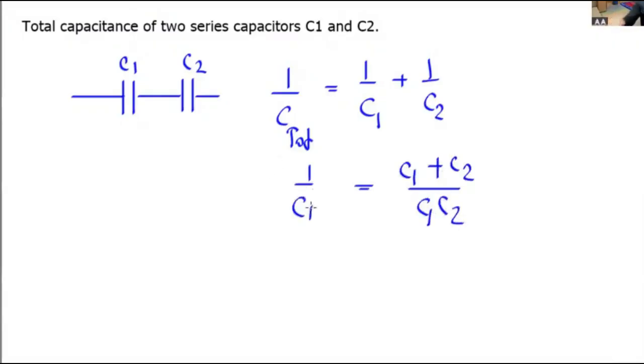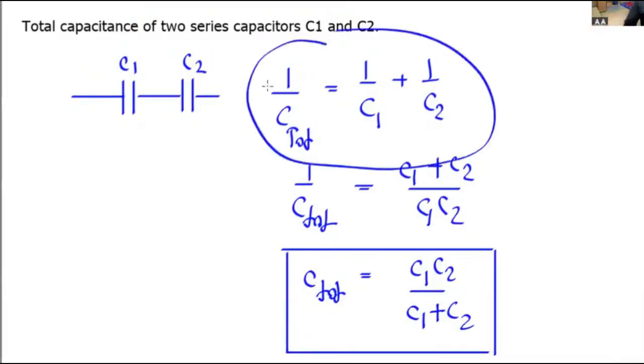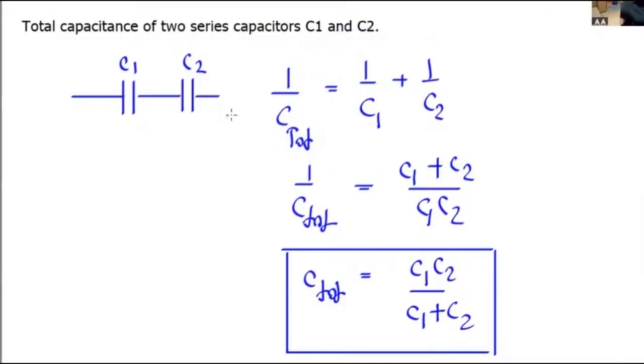Then 1 over C total gives C total equal to C1 into C2 over C1 plus C2. You can keep this equation in mind directly. මේ equation directly අපි මතක තියාගත්තොත් අපිට වැඩේ ලේසි network එක total එක හොයද්දි. නැත්නම් අපිට අර 1 over ලියලා reciprocal එක ලියලා ඉන්න වෙනවා. එහෙම නැතුව මේක අපි directly මතක තියාගත්තොත් ලේසි වැඩි. හරි.